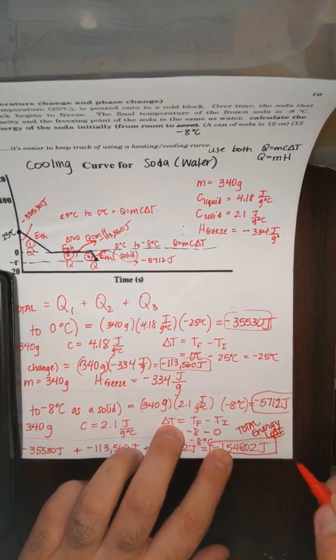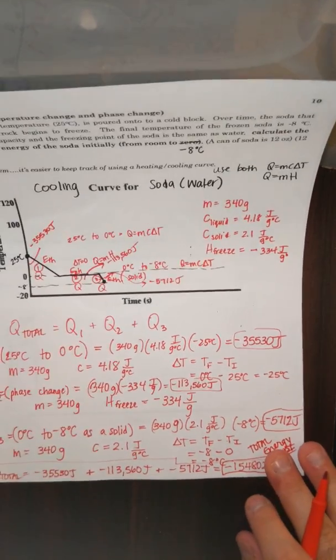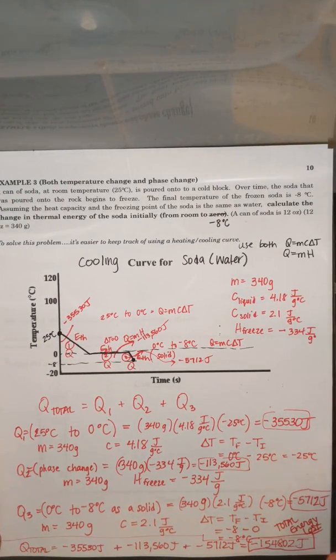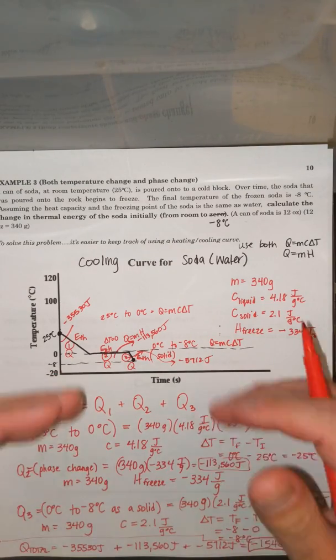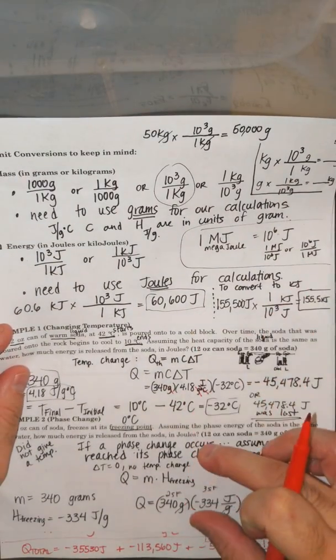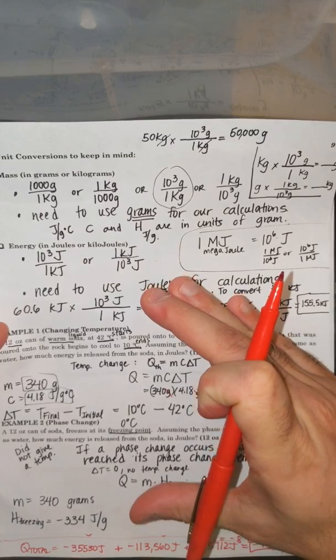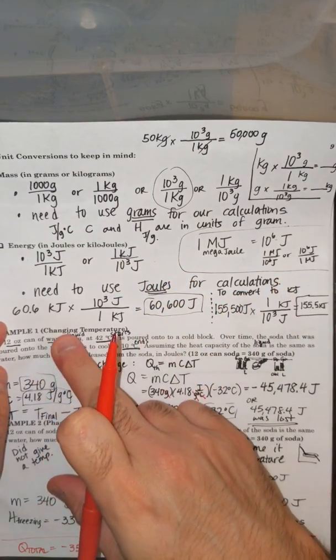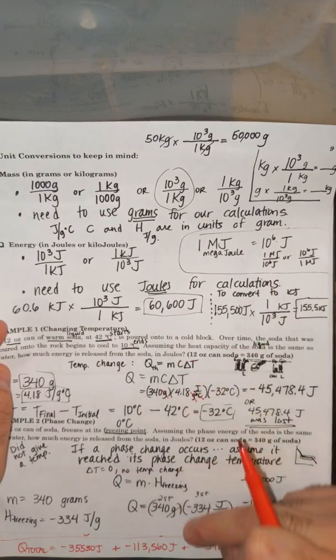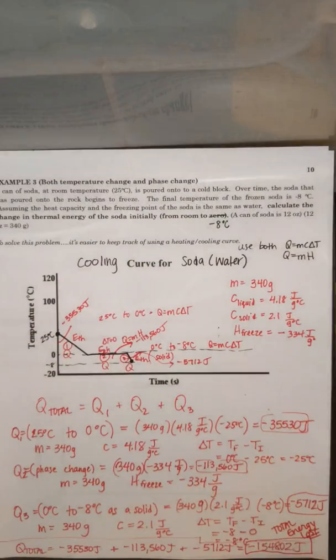lost. Okay? So to recap, if I'm doing more than one thing, if I'm changing temperature and changing phase, I need to add up those energies separately. In our previous page and our previous notes, we had two separate questions. But what if I had combined example 1 and 2 and said, oh, it went from 42 and then it went to 0 and froze? I would just add up these two sections together.